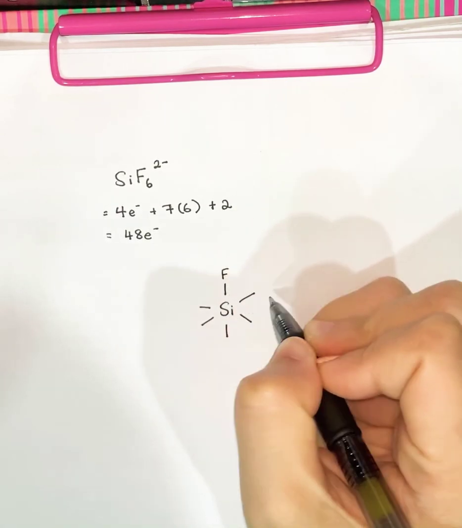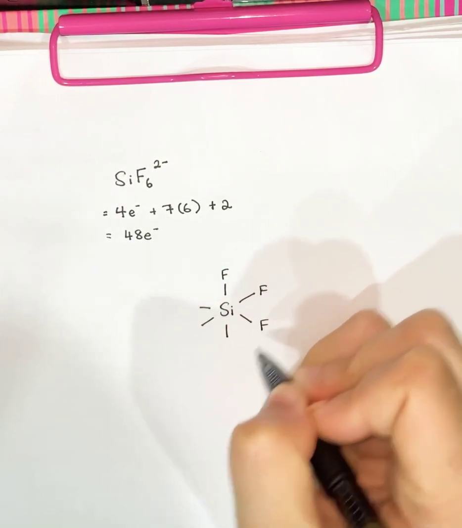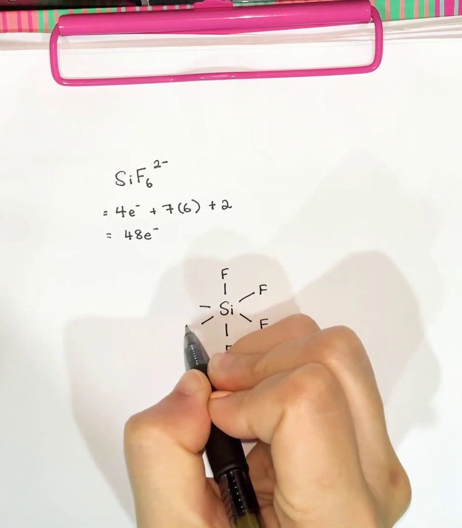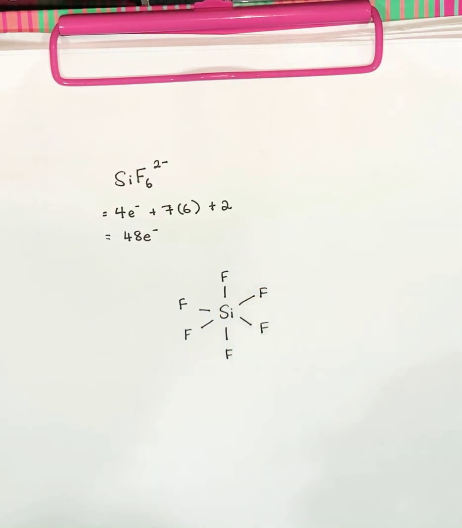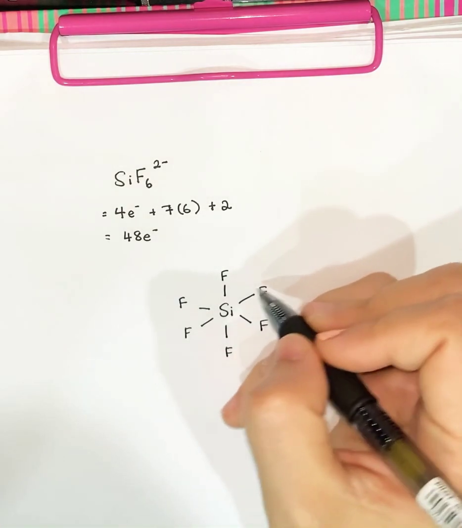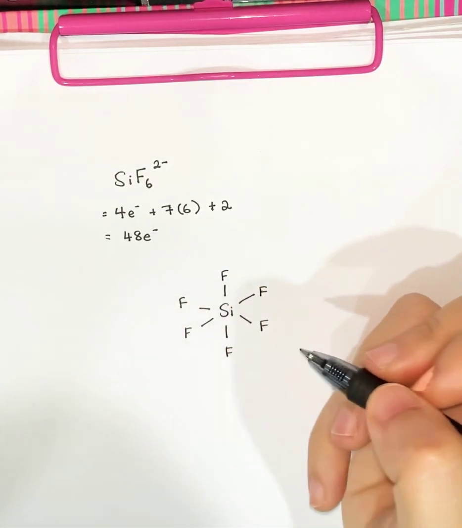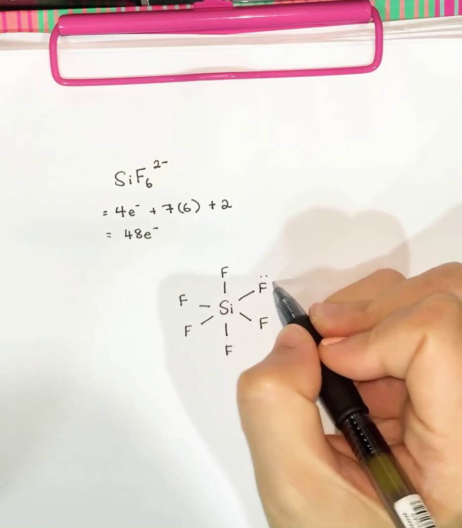Okay, 1, 2, 3, 4, 5, 6. So I've got 6 fluorines. I complete the octet for the fluorine because all the terminal atoms should have an octet.